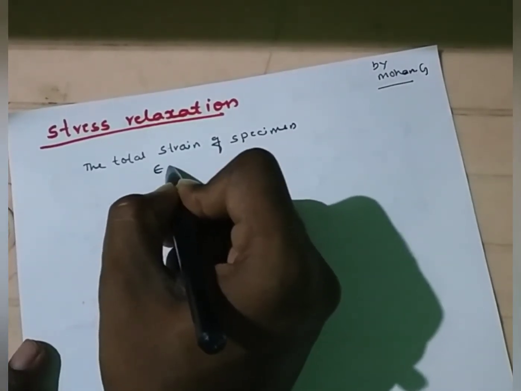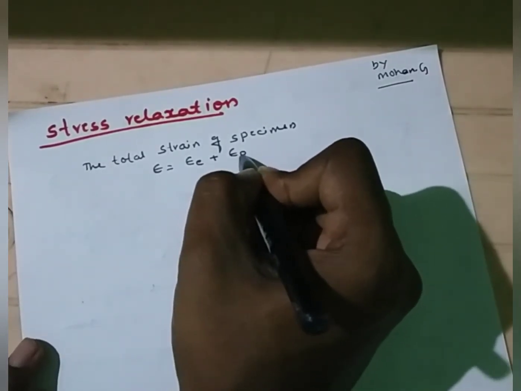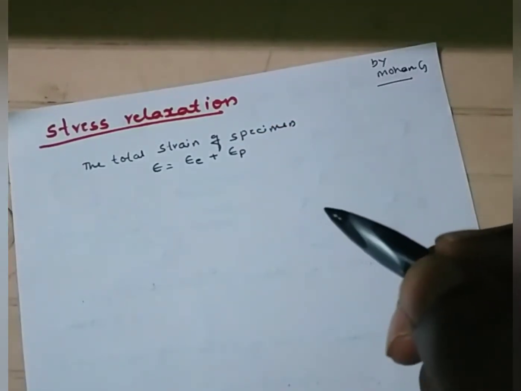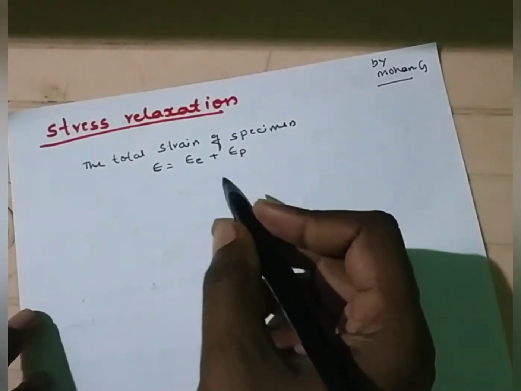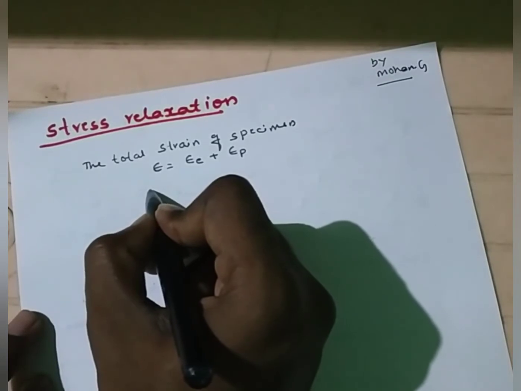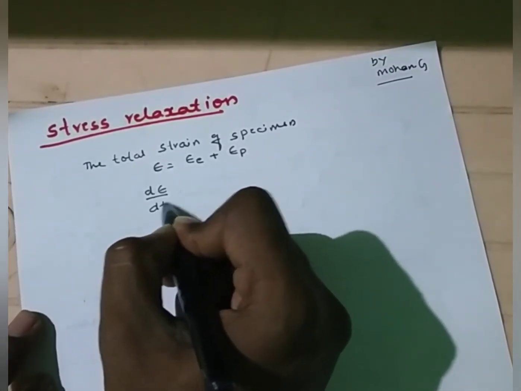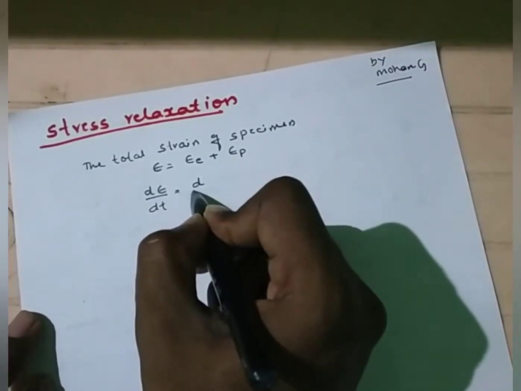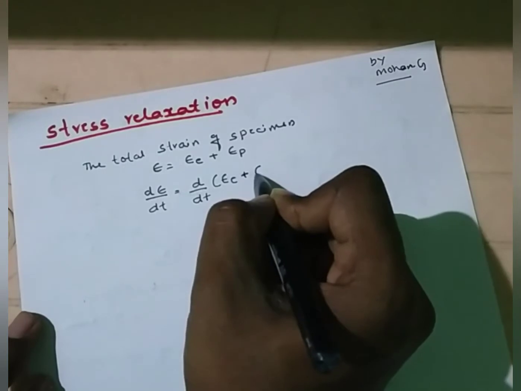That is, epsilon naught is equal to the strain in the elastic limit and the strain in the plastic limit. Now I'm going to differentiate this equation with respect to time. We'll get d epsilon naught by dt is equal to d by dt of epsilon naught e plus epsilon naught p.